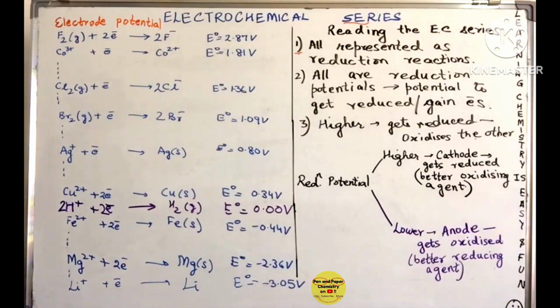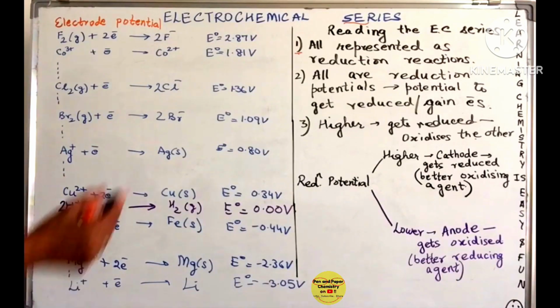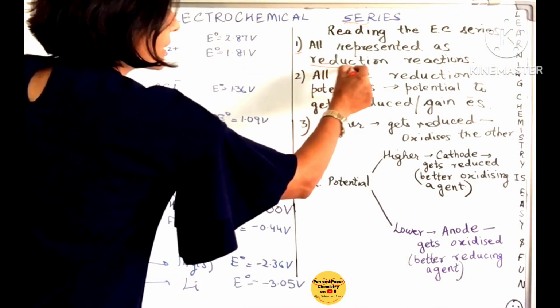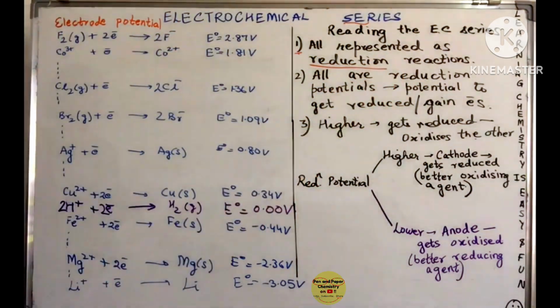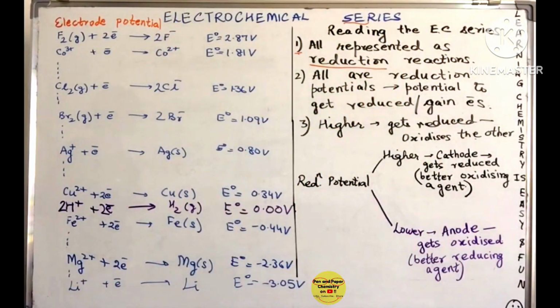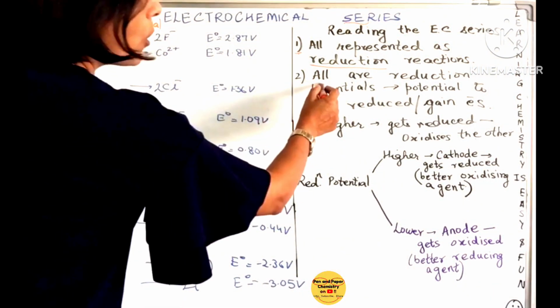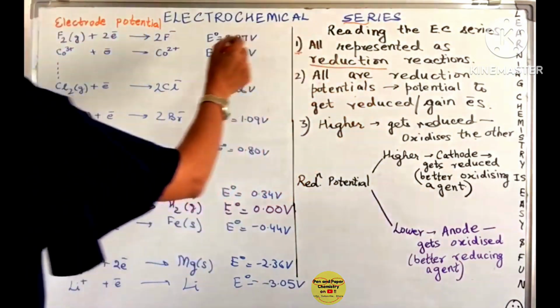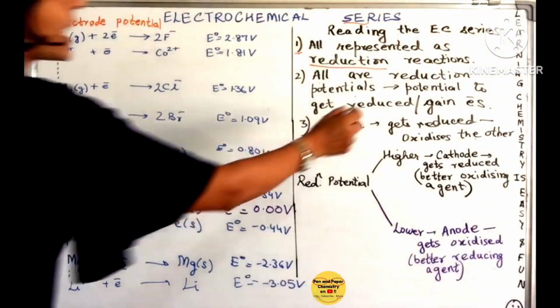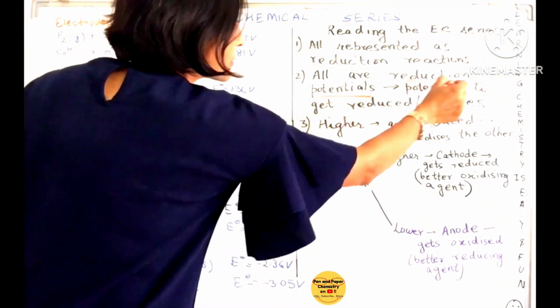Just to do away with the confusion that one person is saying oxidation potential, the other is saying reduction potential. So in order to remove that confusion, we say we will represent all reactions as reduction reactions when talking about electrode potential. Second point, all potentials that we are going to depict over here are reduction potentials.